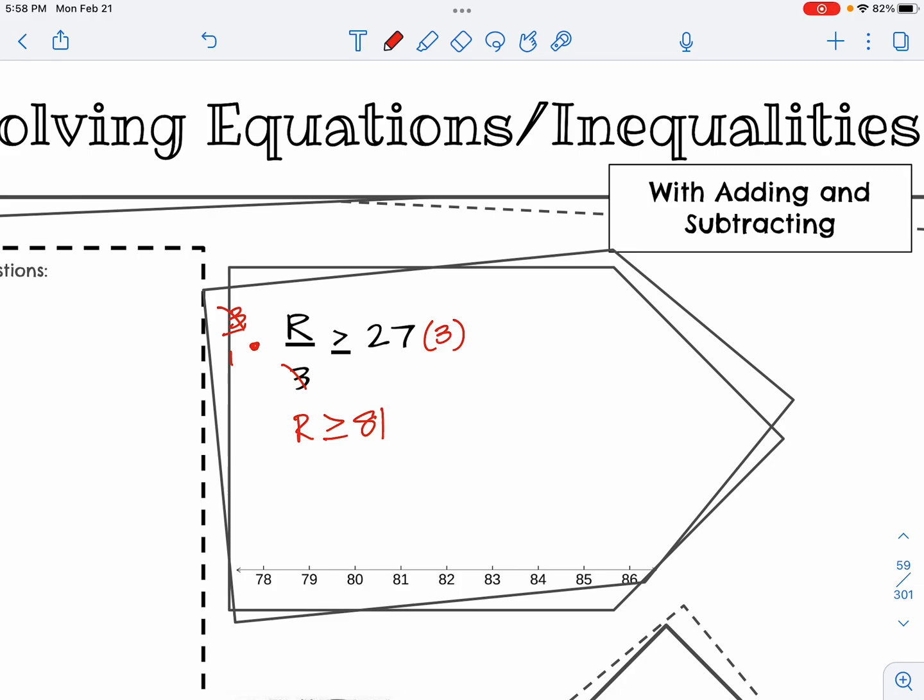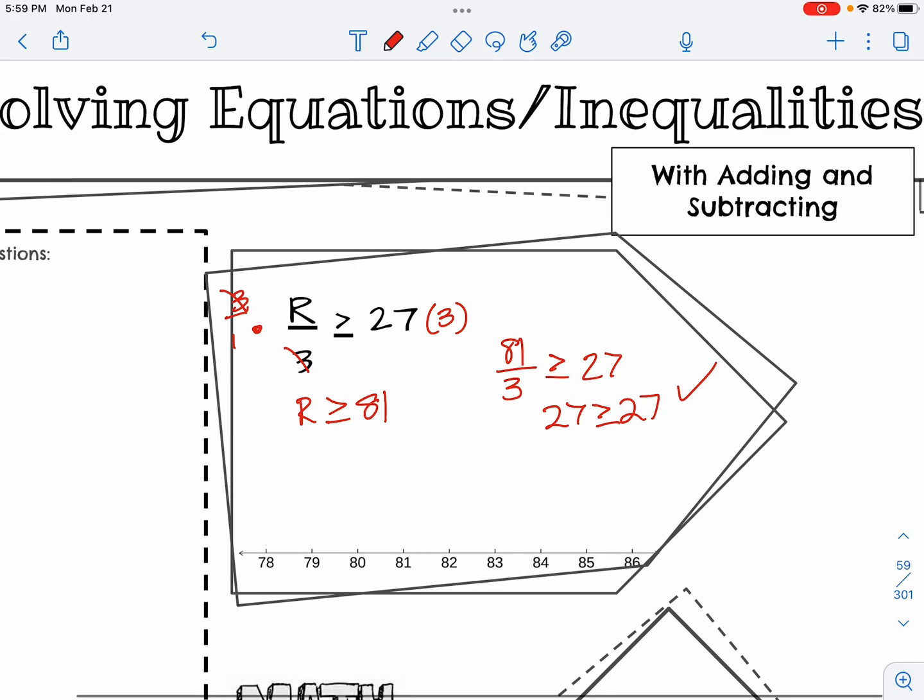Now if I want to go back and check my solution, all I have to do is substitute R for 81 and do 81 divided by 3 greater than or equal to 27. And then when I do 81 divided by 3, I have 27 is greater than or equal to 27. So that checks out.